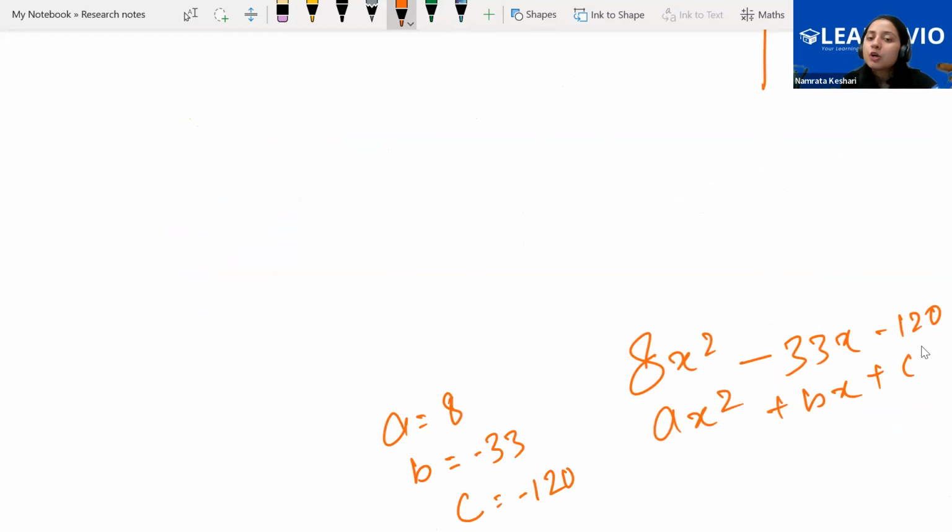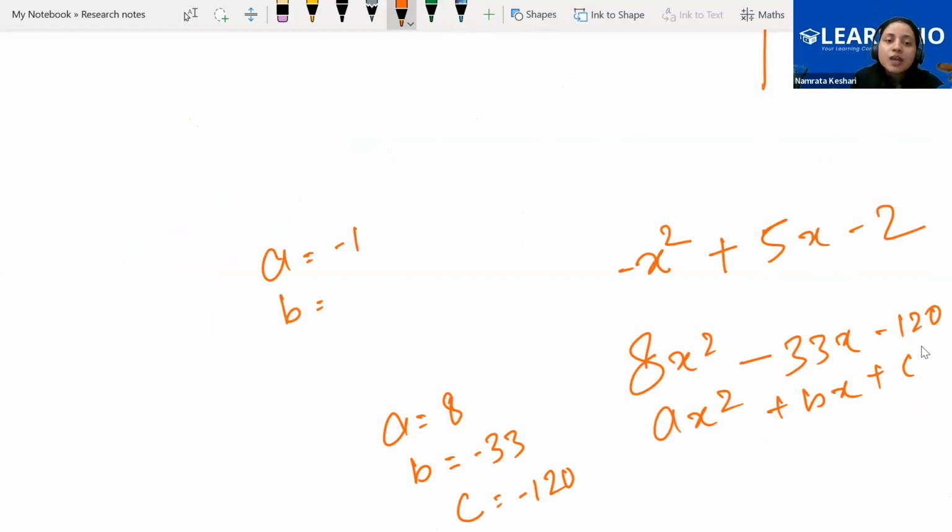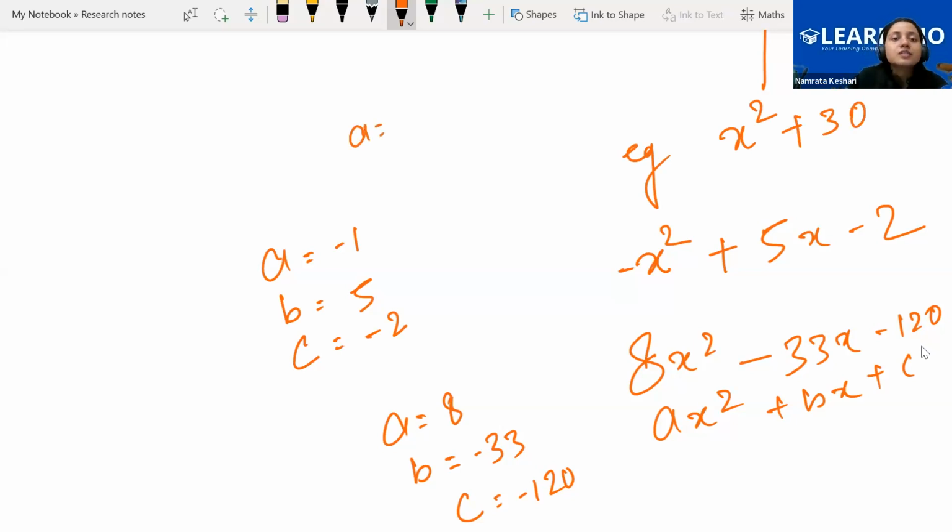If our polynomial is minus x square plus 5x minus 2, then a is minus 1, b is plus 5, and c is minus 2. Suppose our polynomial is just x square plus 30. Here a is 1, no b is there, that means 0, and the constant term c is plus 30. Am I making sense?